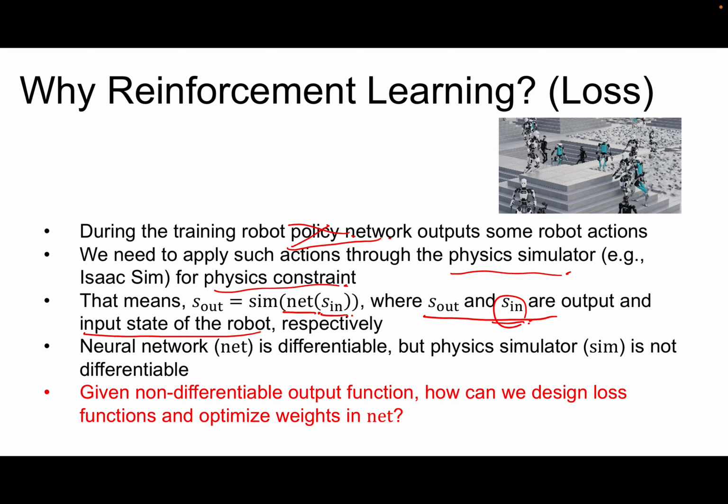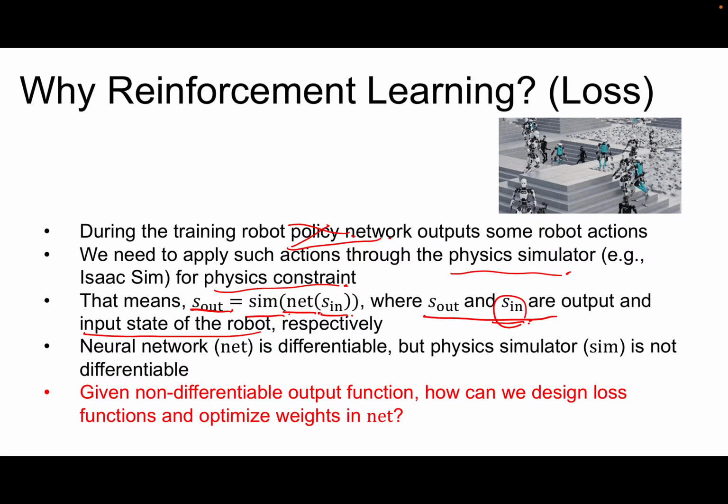So from current one or some captured images of the surrounding environment, that is observation, and that can be also part of S in. So anyway, the network takes S in and outputs some action, and then we apply that action to the simulator. And then we get updated state, which is denoted by S out.